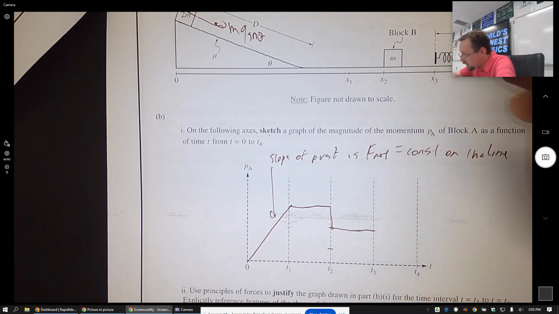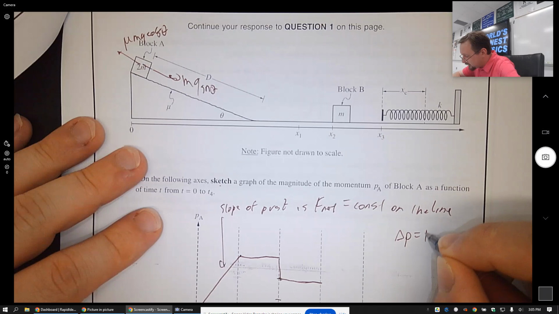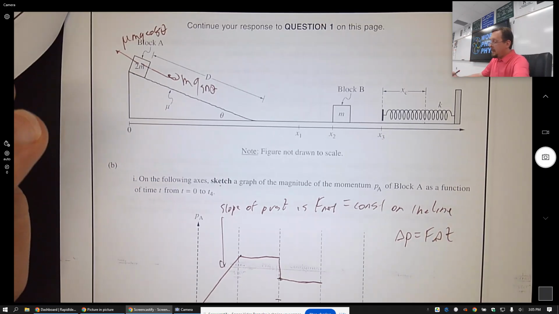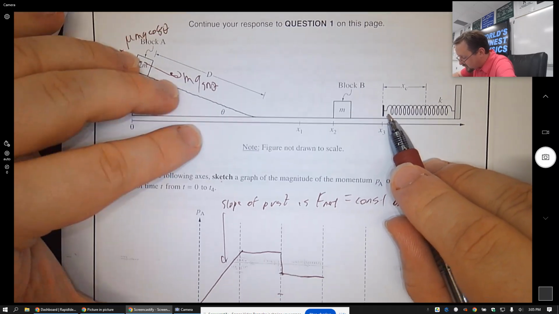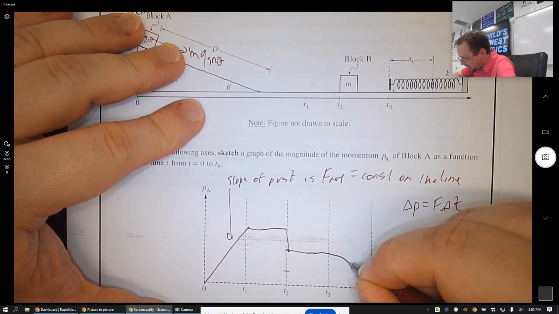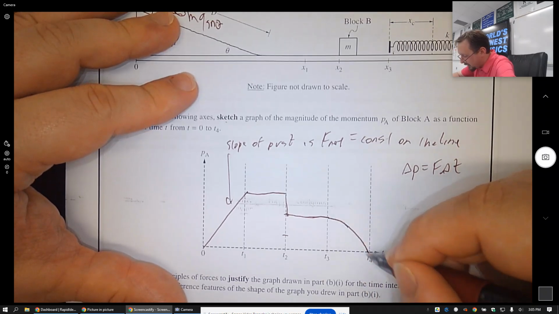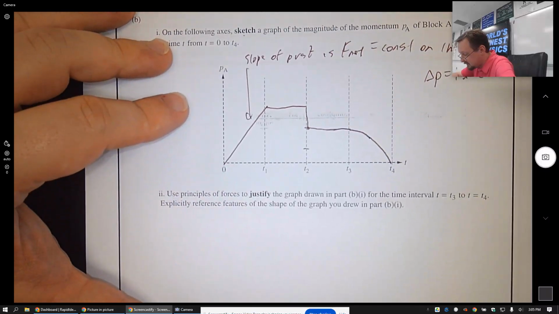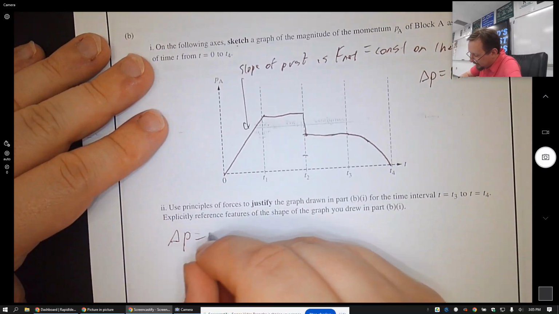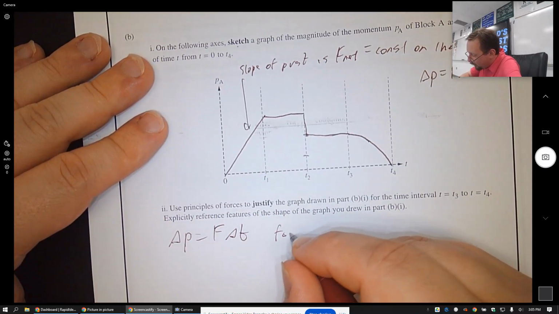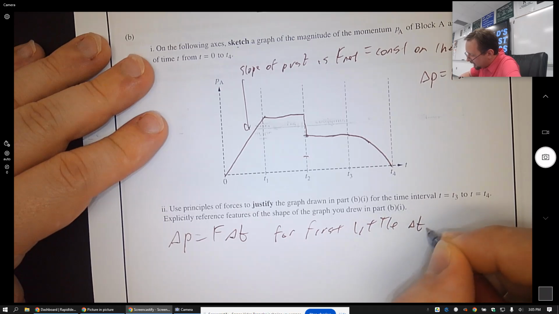And then when we hit the spring, delta momentum is force times delta time. And at the beginning, there's not a lot of force, so we're going to lose momentum gradually. But later, there's a lot of force, so we're going to lose momentum much more abruptly. That's a piece of a sine wave, is what that is. All right, from t3 to t4, it's exactly what I just said. Delta momentum equals F delta time for the first little delta time.